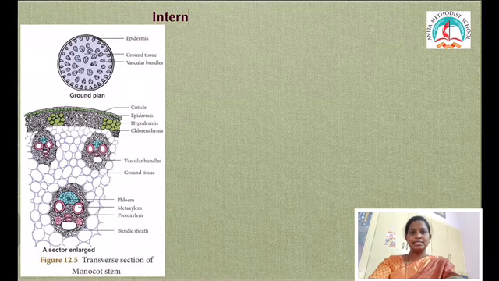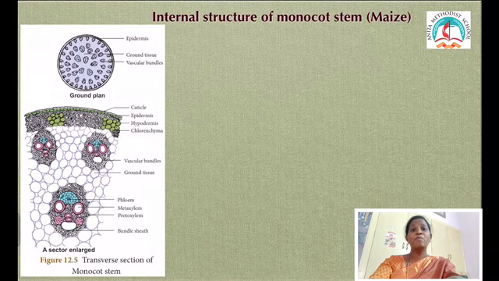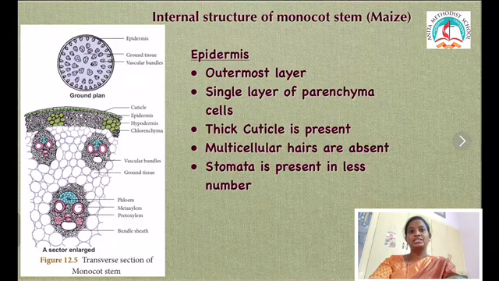Next we are going to see the internal structure of monocot stem, for example maize. A thin transverse section of monocot stem shows the following structures. The first structure is epidermis. Epidermis is the outermost layer and it is a single layer made up of parenchyma cells.